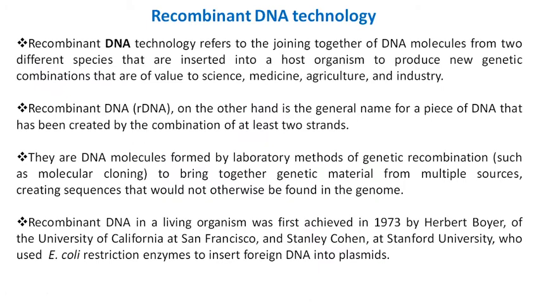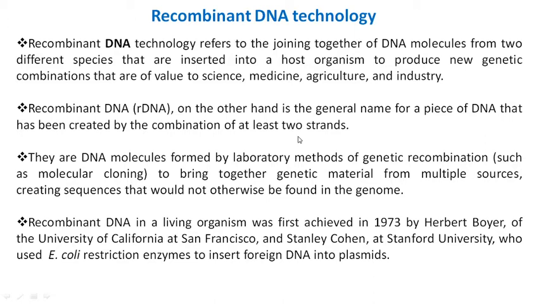Actually, recombinant DNA technology refers to joining together DNA molecules from two different species that are inserted into a host organism to produce new genetic combinations that are of value to science, the agriculture field, medicine or industry. Recombinant DNA, on the other hand, is the general name for a piece of DNA that has been created by the combination of at least two strands.